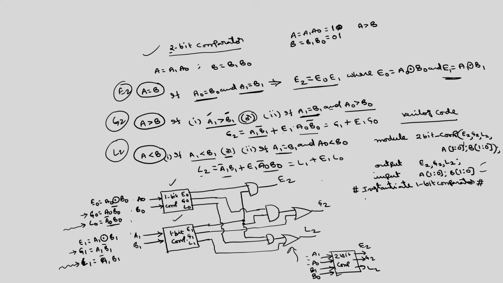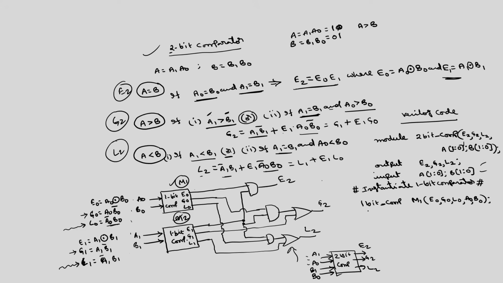The name that I have given is 1-bit underscore comp. We call this module M1 and this module M2. What are the inputs and outputs of module M1? Outputs are E0, G0, L0. Inputs are A0, B0. So this will perform this and give outputs E0, L0, G0.